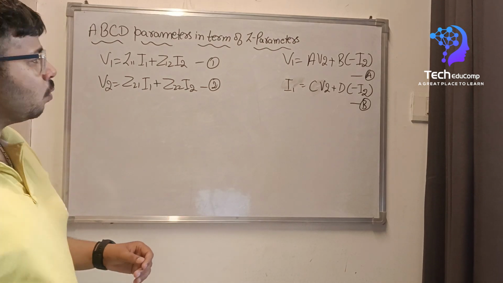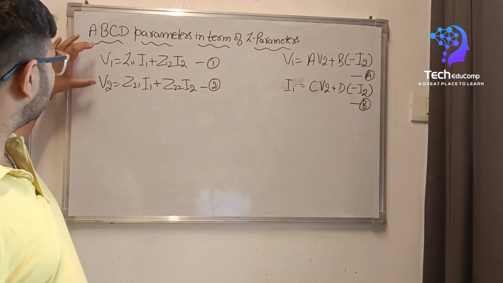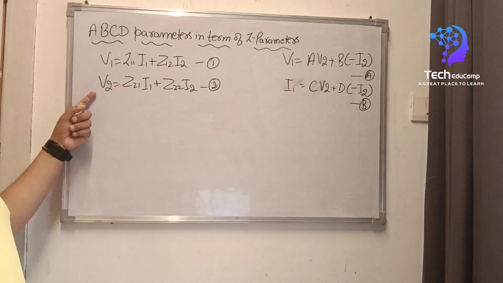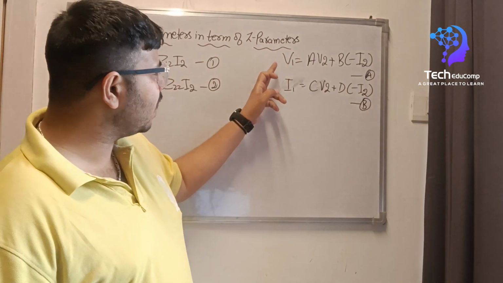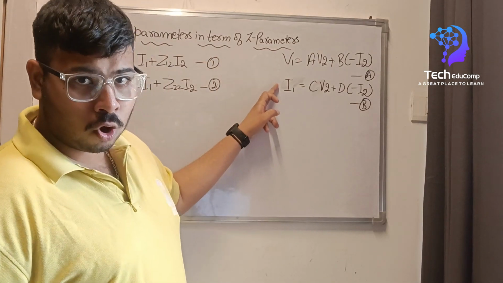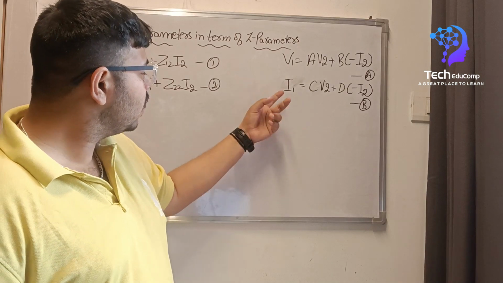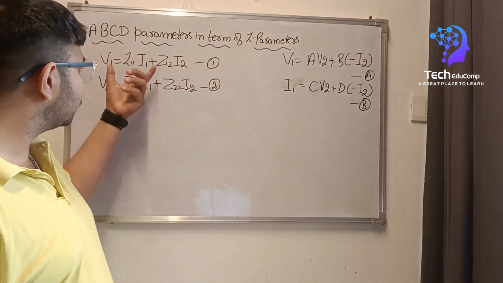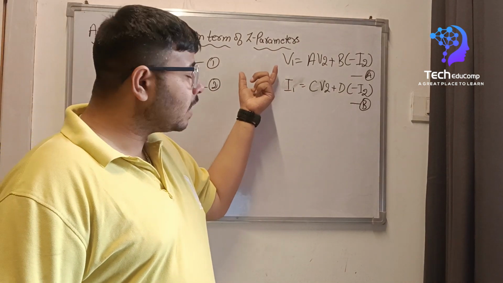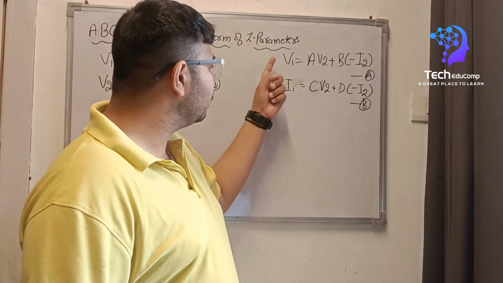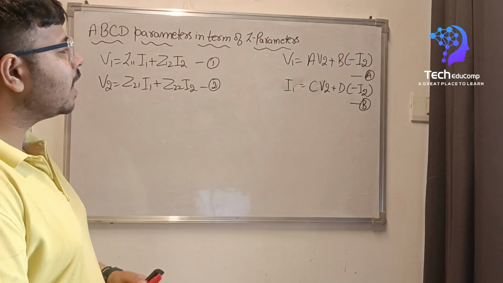As you can see, on the left hand side we have V1 and V2, but in equations A and B we have V1 and I1. So we have to rewrite this in such a way that on the left hand side I have V1 and I1.